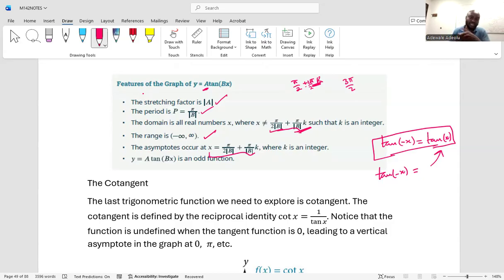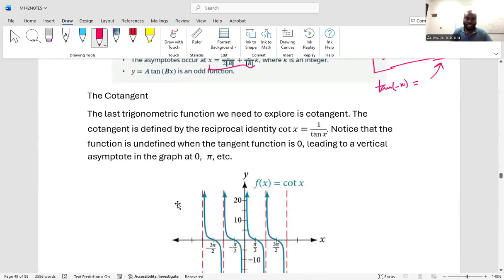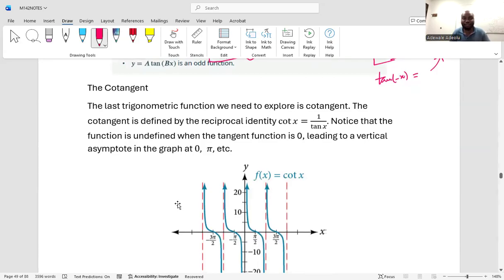Cosecant is odd. So the last thing here is the cotangent, which is again similar to what we have seen when we were dealing with cosecant and secant. So the last trig function we need to explore is cotangent. The cotangent is defined by the reciprocal identity, just like that.